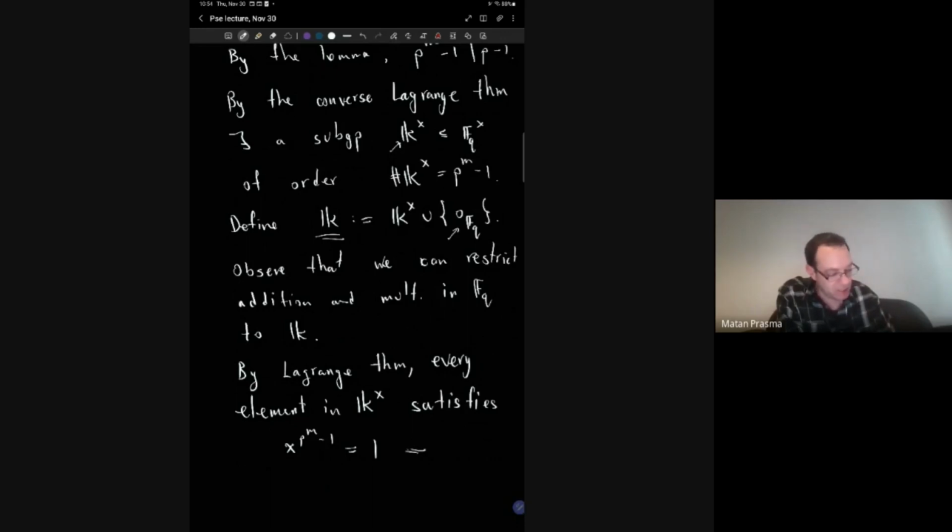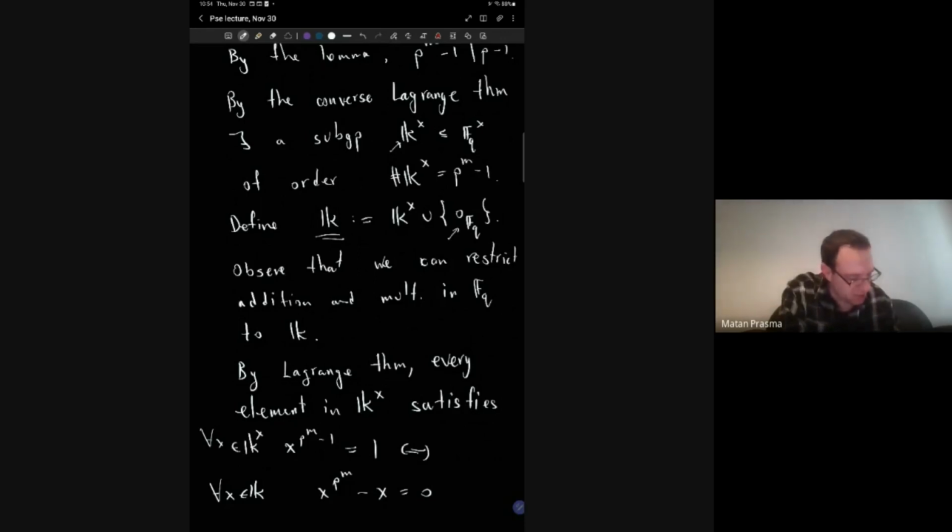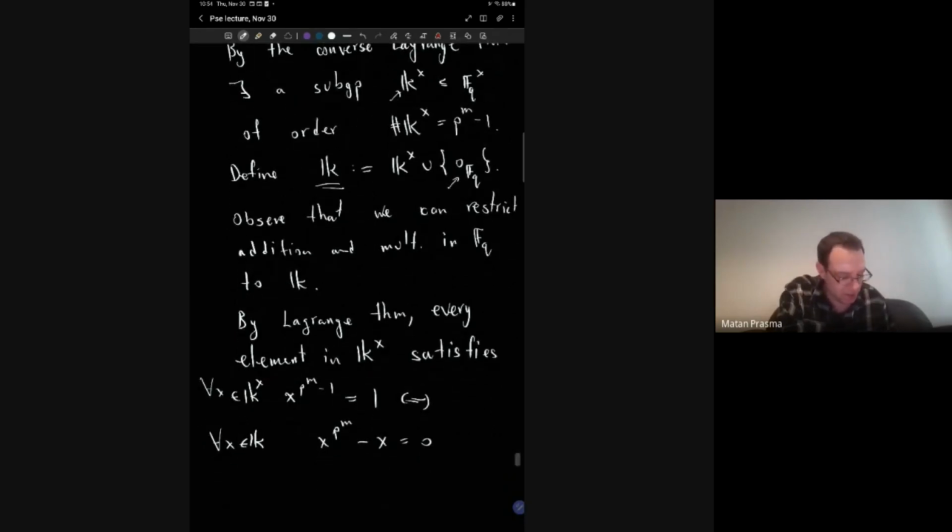But this is equivalent to saying that for any x in K, x to the p to the m minus x is equal to 0. This was for any x in K star, but for 0, that's trivial.